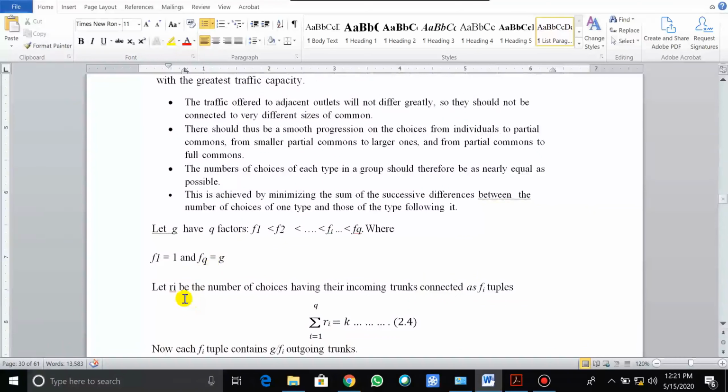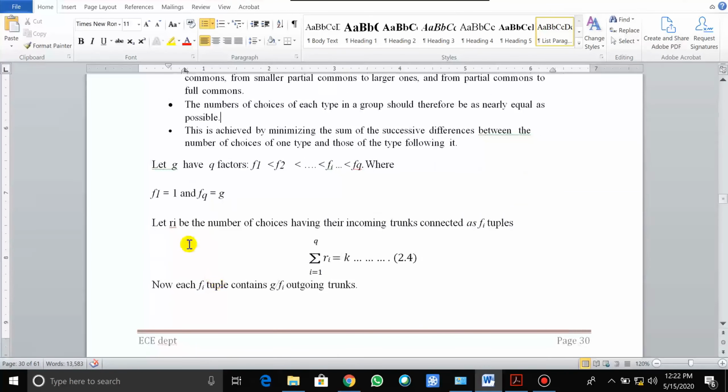Okay. So let G have a Q factor where F1 is less than F2, which is less than F of I, which is less than F of Q, where F of 1 is equal to 1 and F of Q is equal to G. Let R of I be the number of choices having their incoming trunk connected as F of I tuples.